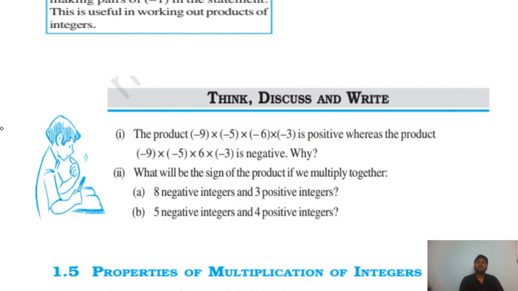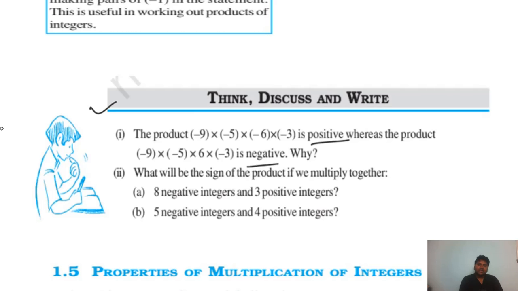Think, discuss and write. The product minus 9 into minus 5 into minus 3 into minus 4 into minus 6 into minus 3 is positive, whereas the product minus 9 into minus 5 into 6 into minus 3 is negative. Why?